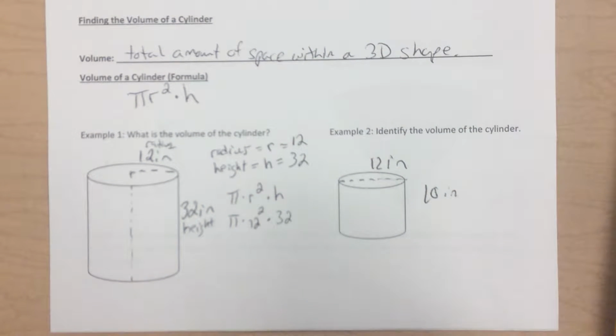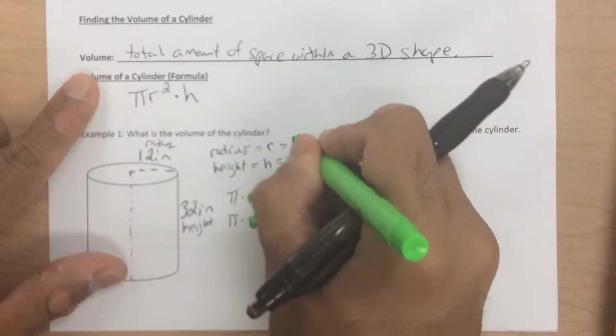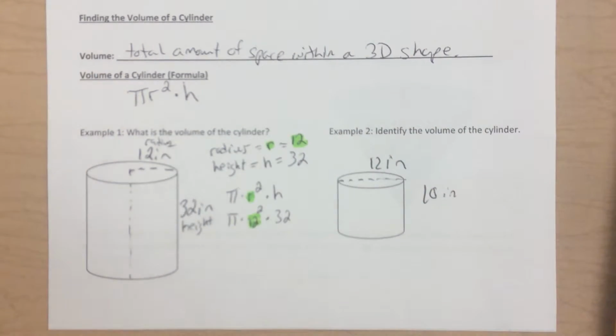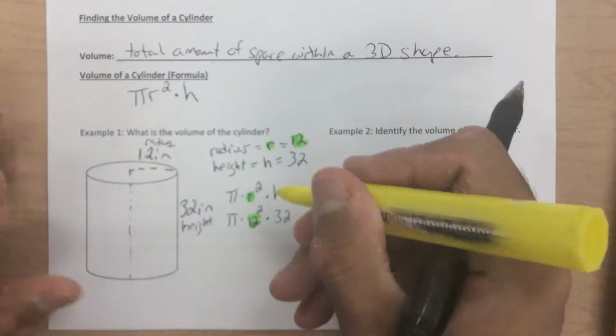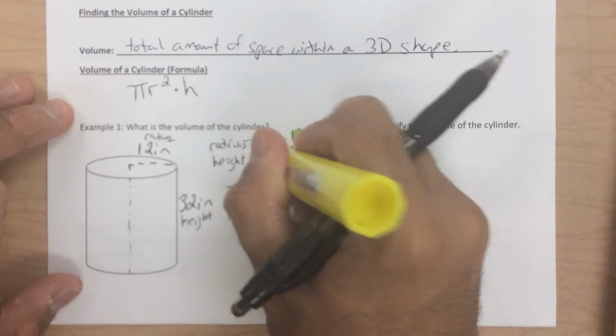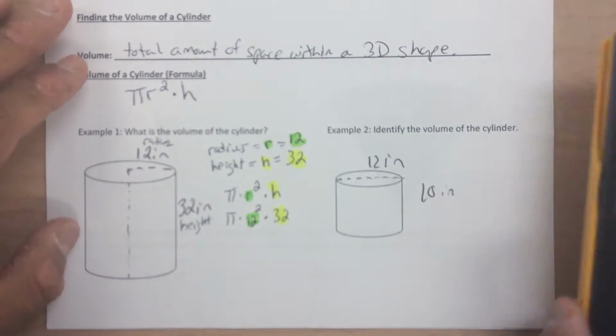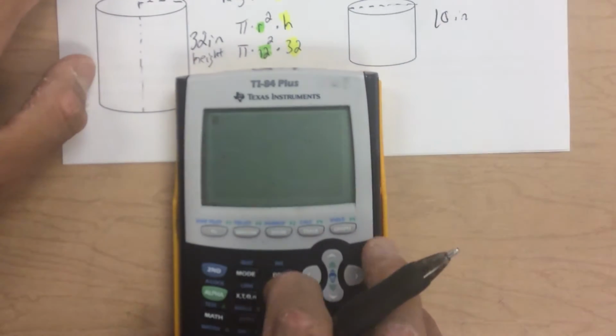So basically, what I did was, instead of the r, I put 12 in its place. Instead of the h, I put 32.